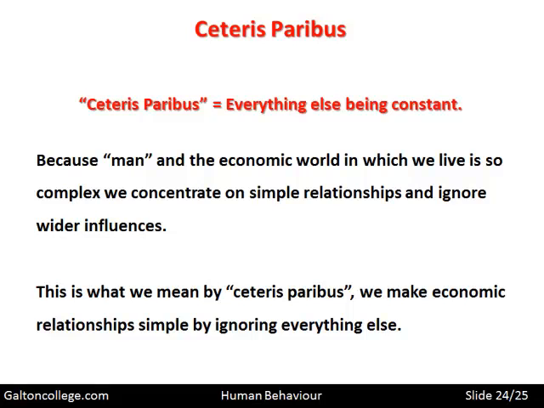So in this short video, we've looked at human behavior. We've looked at the complexity of human behavior, and we've said that man is extremely complex, and therefore it's very difficult to imagine economics as a science because of the complexity of human behavior, and also the fact that man tends to be perverse.